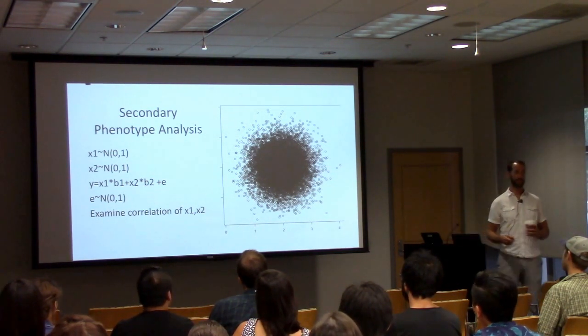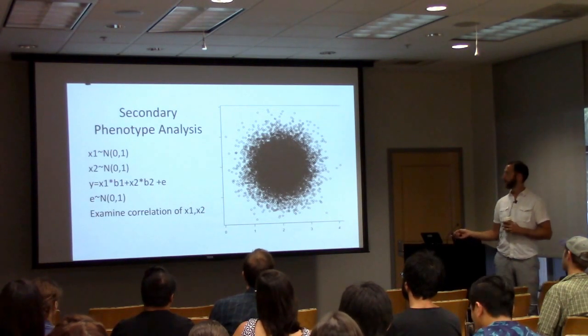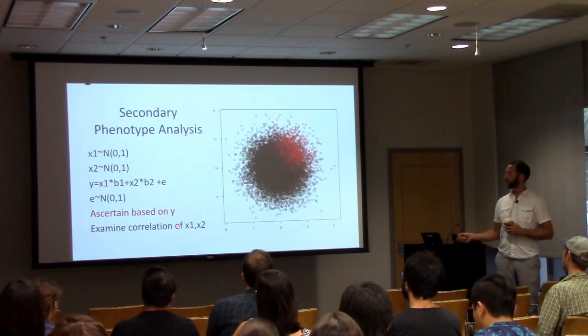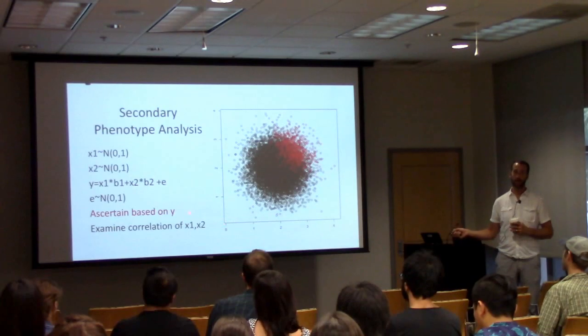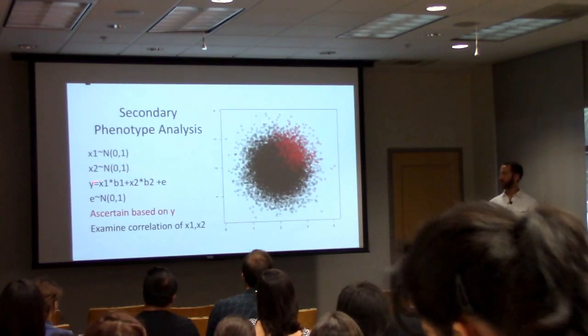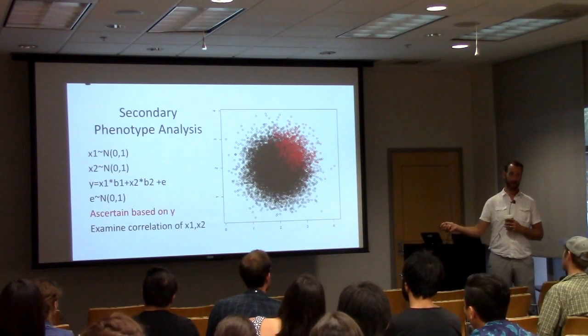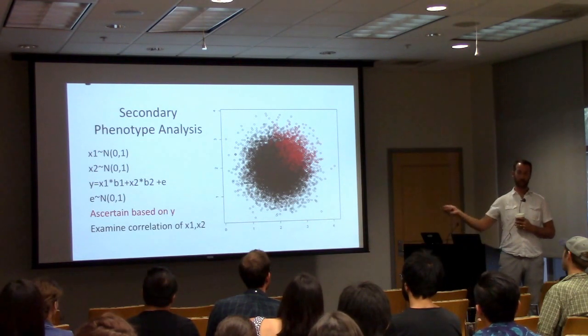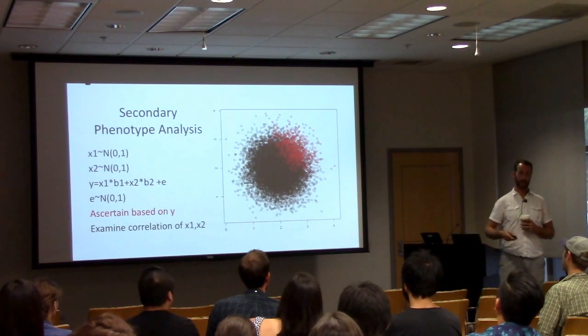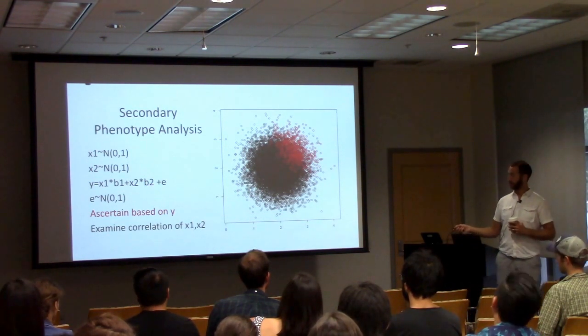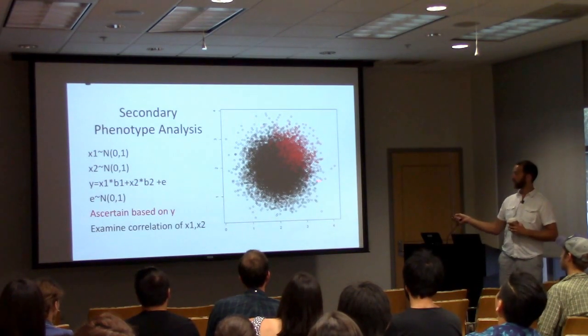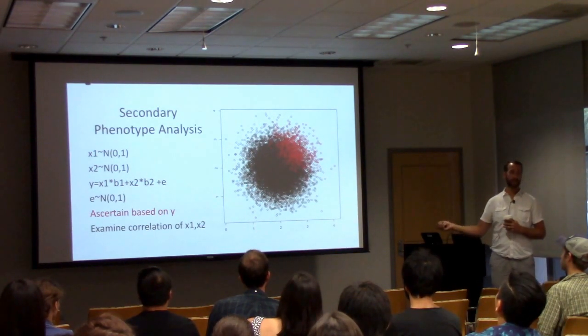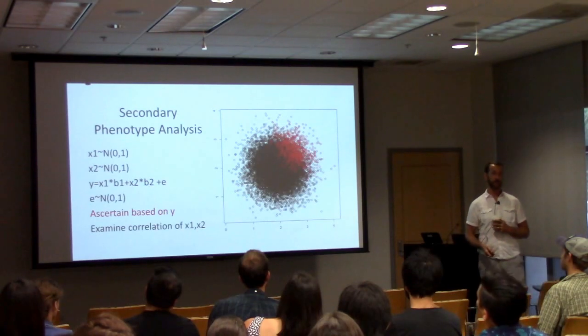The correlation is 0, it's a perfect sphere, disk. Now we're going to ascertain based on y. So we're going to say we want people at the extreme tail of y, people who've had a heart attack, people who have autism, and we're going to look at x1 and x2 again. And these are the red dots. And so what you can see is this anti-correlation between x1 and x2.